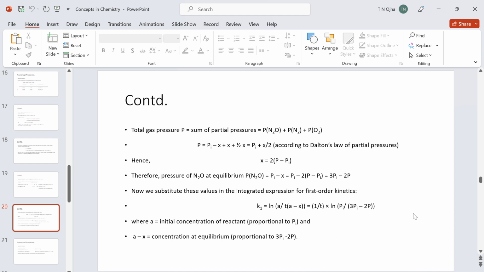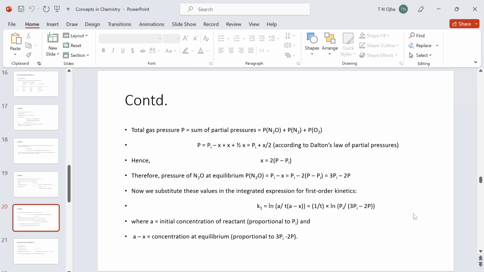And as you know, partial pressure in a mixture is proportional to the mole fraction. So we can write P equal to Pi minus x plus half x. This becomes equal to Pi plus x by 2 according to Dalton's law of partial pressure. From this, we can evaluate x equal to 2 bracket P minus Pi.